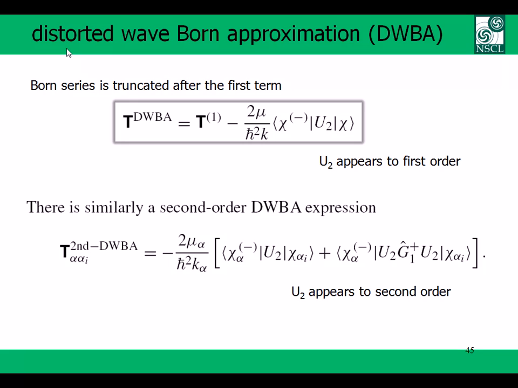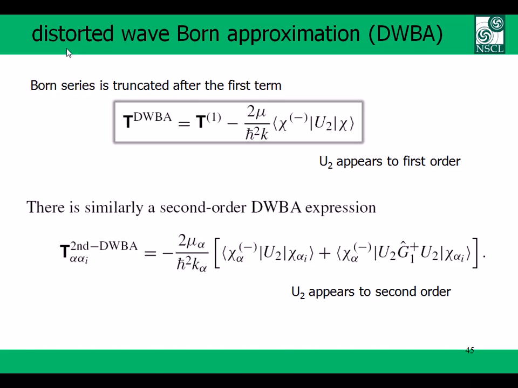So this propagator G1 will look a little bit like our propagator that we derived, but instead of just including the Coulomb interaction, it needs to also include the nuclear interaction, U1, if U1 contains a nuclear interaction, which I think in general it should, because it's strong.